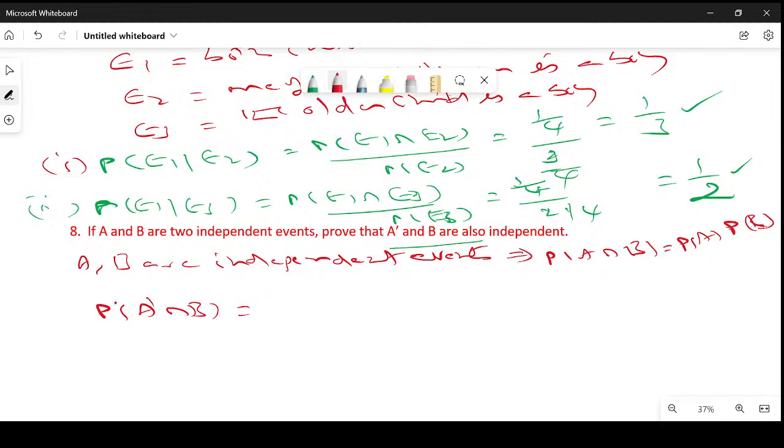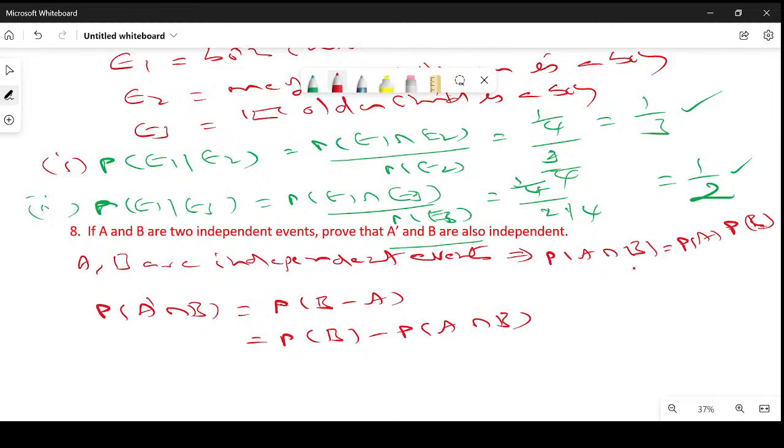P of A complement intersection B means, I can write, P of B minus A. We want not A and B. So P of B minus A is P of B minus P of A intersection B.